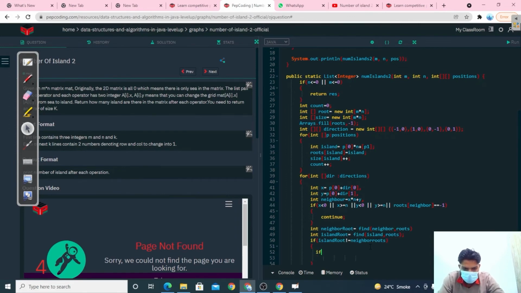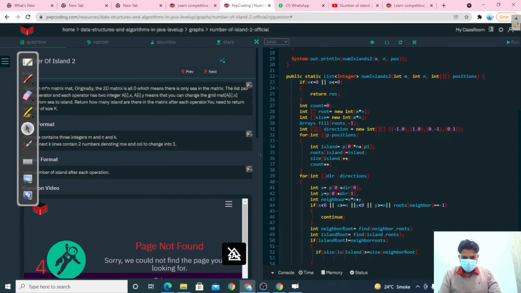If size of each island root is greater than, I think we have to put this bracket, size of each island is greater than or equal to size of neighbor root.